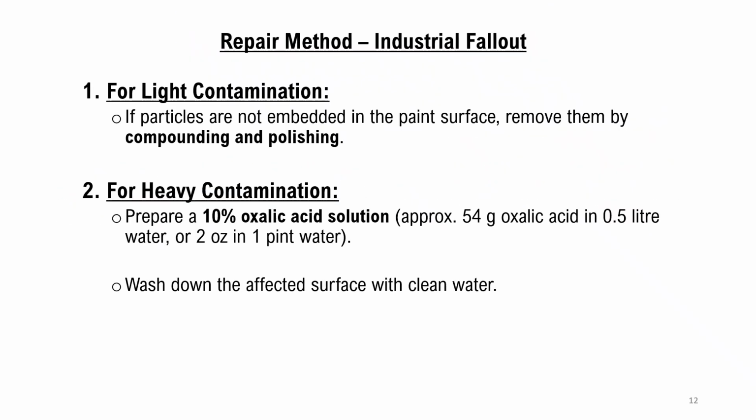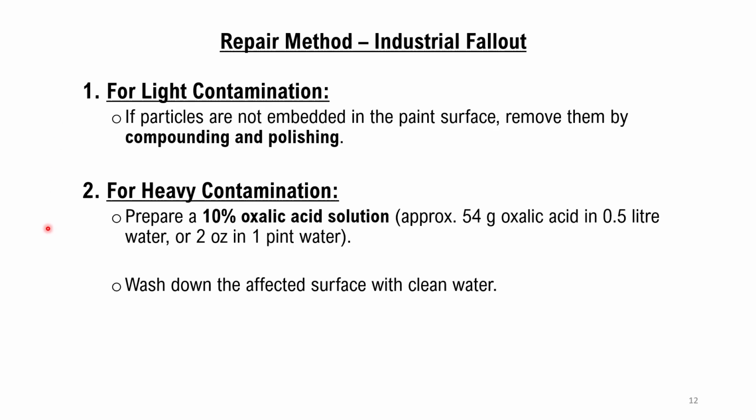Now coming to the repair method. Repair method of industrial fallout. First of all, for light contamination, if particles are not embedded in the paint surface, remove them by compounding and polishing. And that is simple.